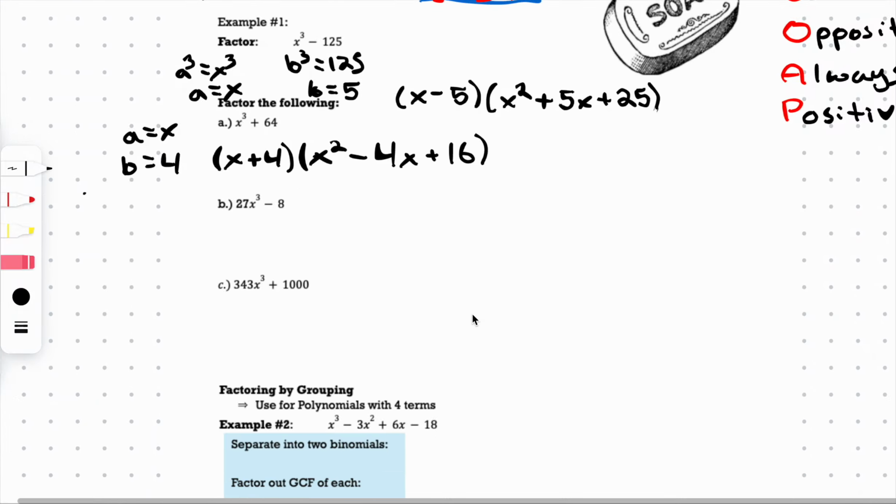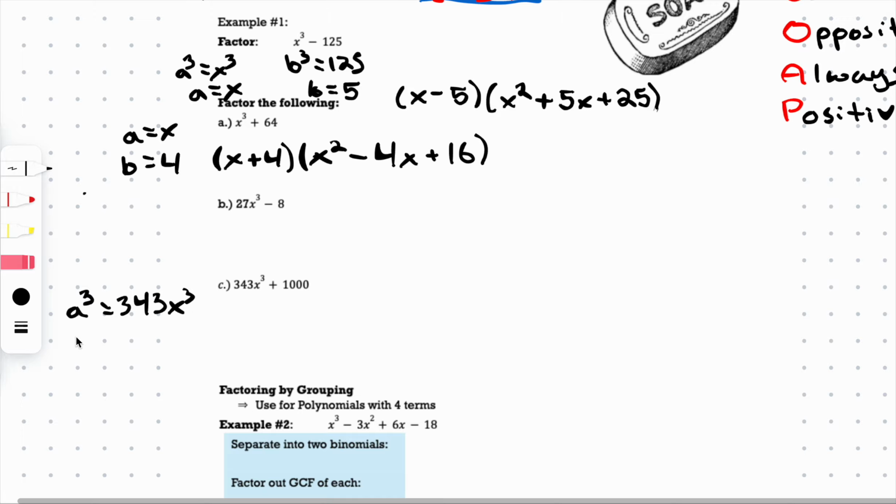Now let's do c. You can try b by yourself. It's going to use the same concept as c. But we want to find a cubed. So first of all, we notice this is the sum of two cubes. Okay, a cubed is going to be equal to 343x cubed.